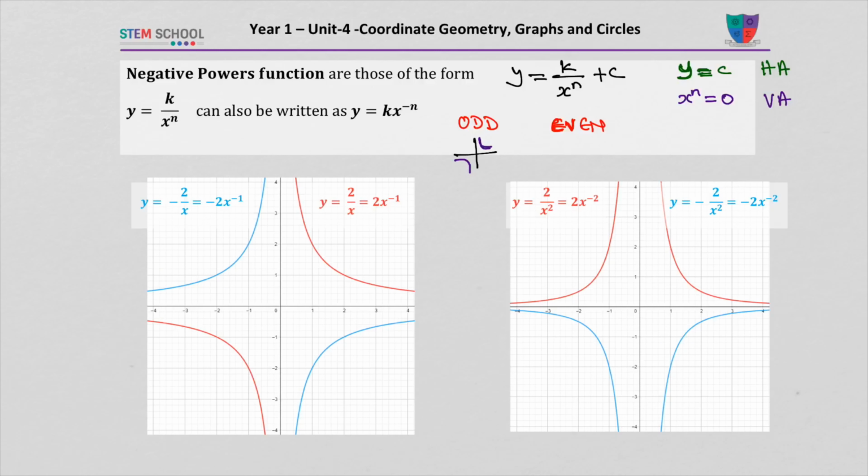But for an even function, you get a situation that looks like this. So for an even function, you get that and that, or you might get the same situation looking like this. So that's for even functions.